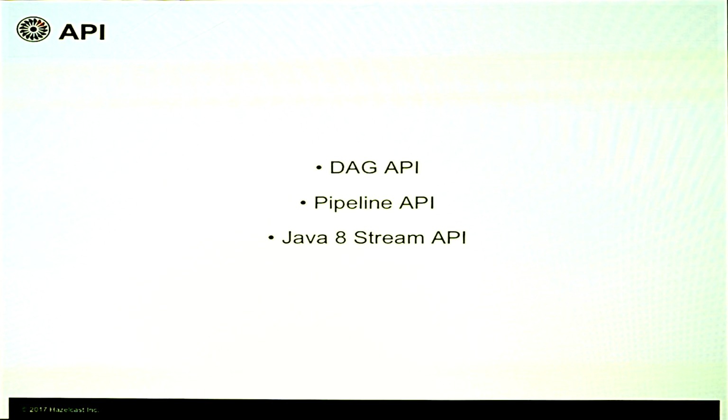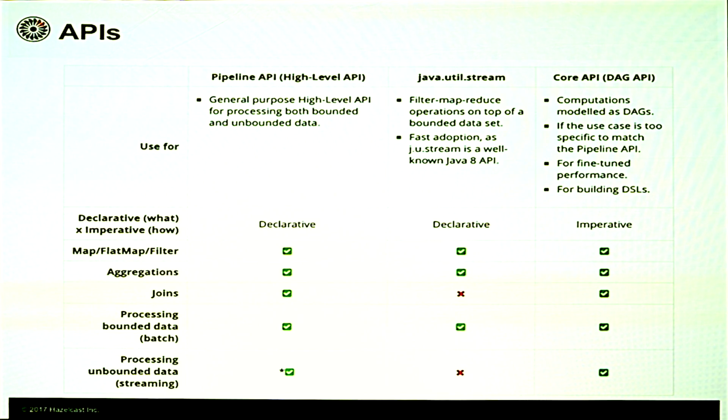Now JET actually has three APIs. The core is what we call the DAG API. This is really low level, where, remember we talked about vertices and edges and all that stuff, and how to join them. That's basically an imperative API where you tell it really how to do that: how to join them, how to connect vertices, how many threads there are, whether it's partitioned or local or distributed.